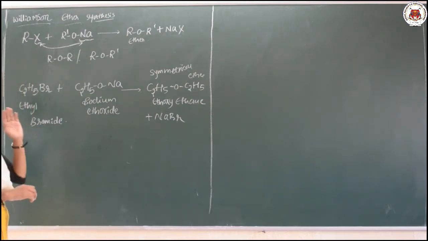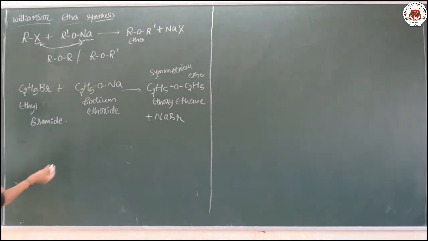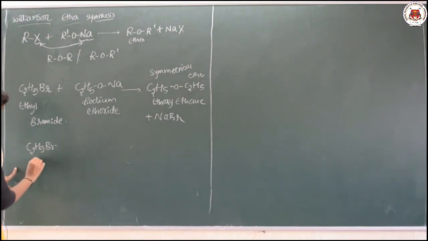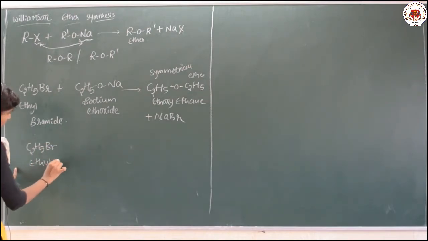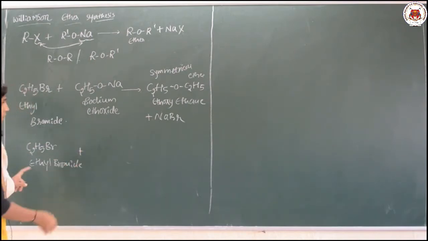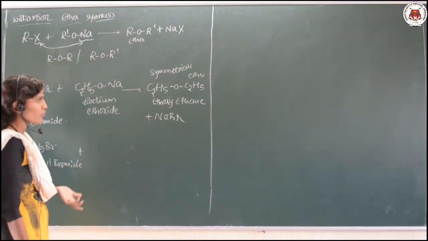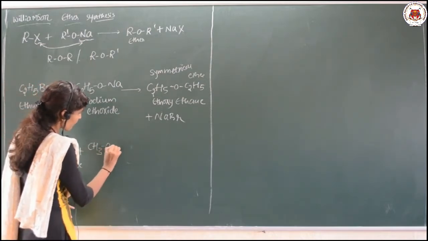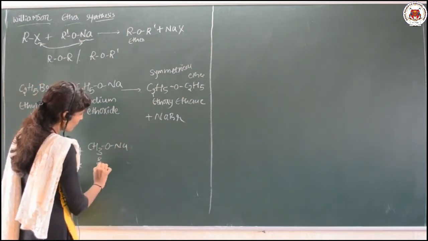Let me take one more, an unsymmetrical ether preparation. Here I will take C2H5Br, that is ethyl bromide. It is treated with, instead of sodium ethoxide, sodium methoxide.